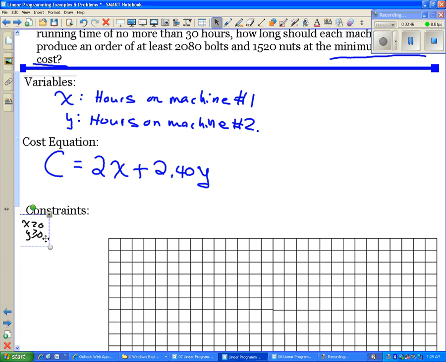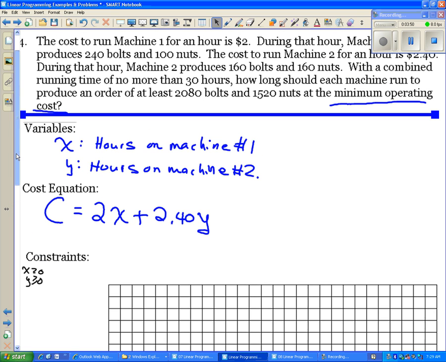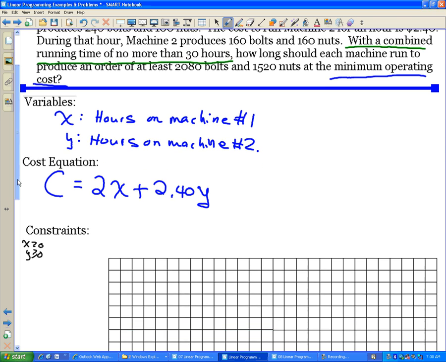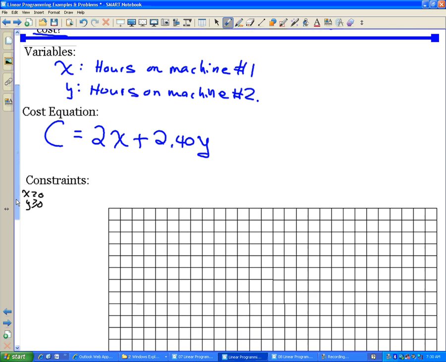What other constraints do I have? What other things are limiting what I'm doing? Well, let's look back at my problem. Well, the first thing that's limiting that I can see from here is with a combined running time of no more than 30 hours. So that tells me that the hours on machine 1 and the hours on machine 2 has to be less than or equal to 30.